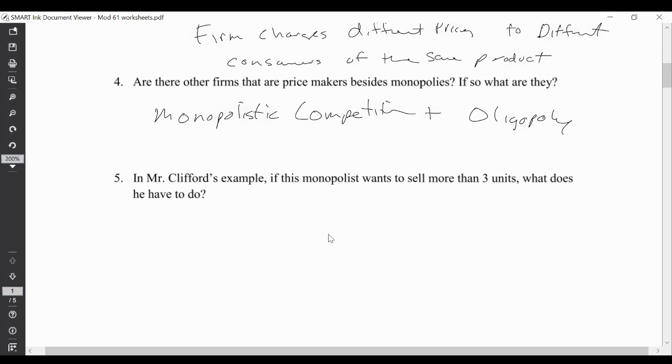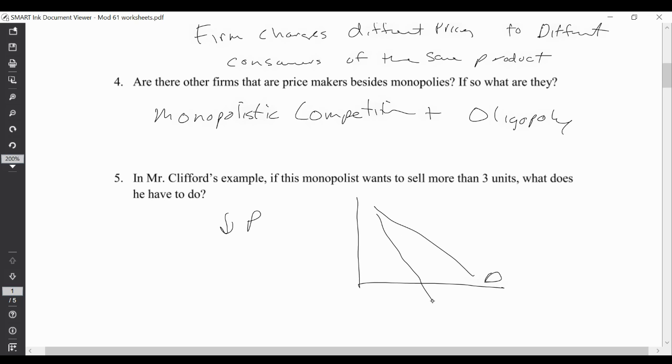And then number five says, in Mr. Clifford's example, if this monopolist wants to sell more than 3 units, what does he have to do? Well, a monopolist will need to lower their prices, but not just for the next unit. He cannot discriminate, so he must lower the prices for all of the previous units, because remember, the demand curve is downward sloping.